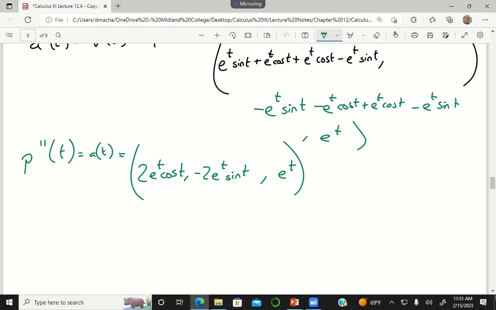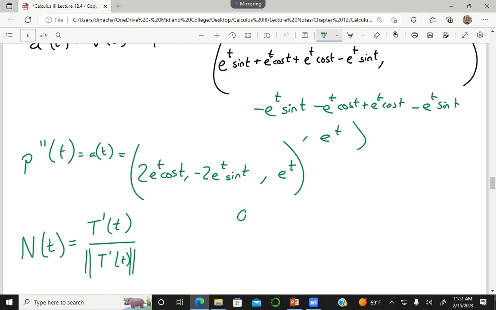Where do we go from here? So to find the principal unit normal vector, you would take capital T prime of t divided by the norm of capital T prime of t.